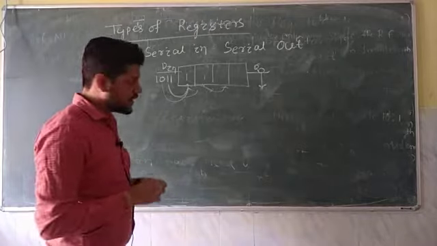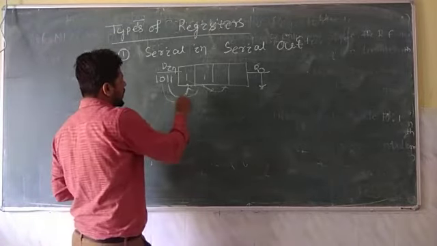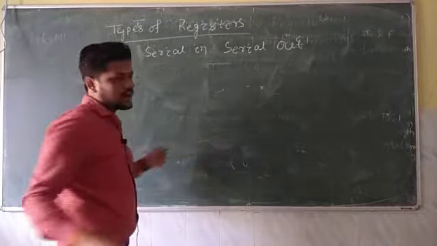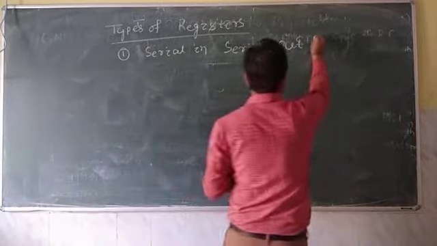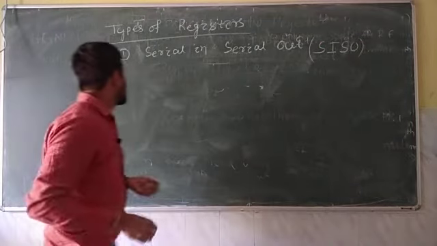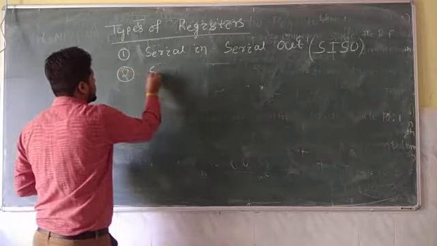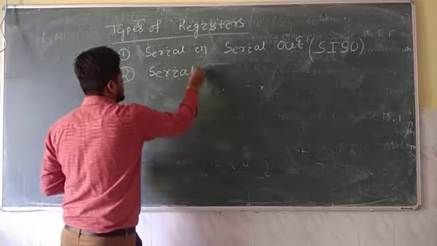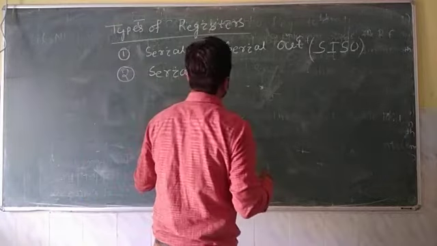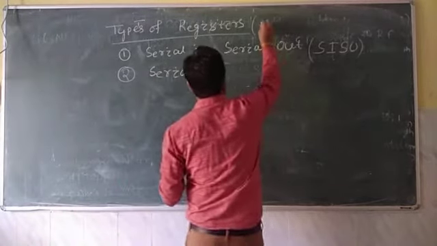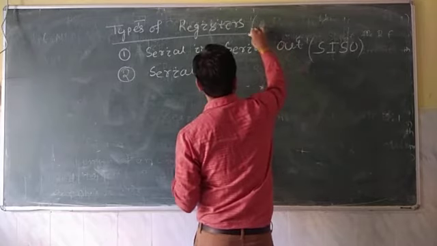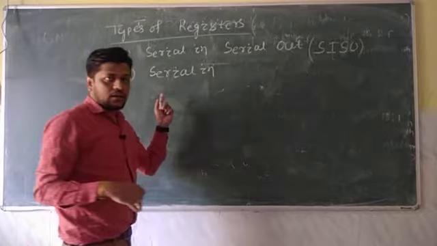That is serial in serial out, where you are entering data serially and also getting the data serially. So the types of register depend on how you are entering inputs and how you are getting the output.